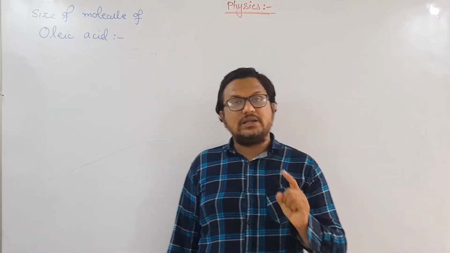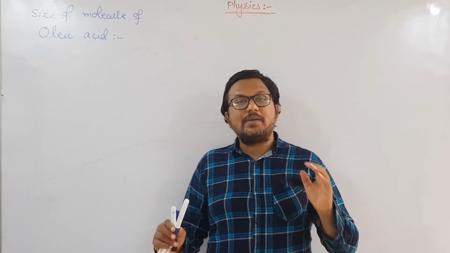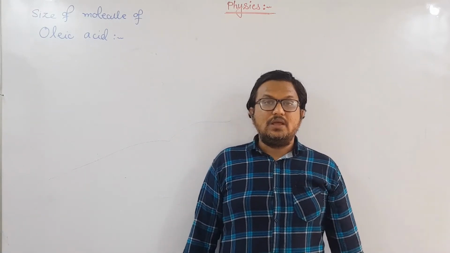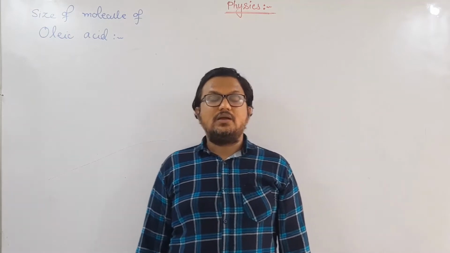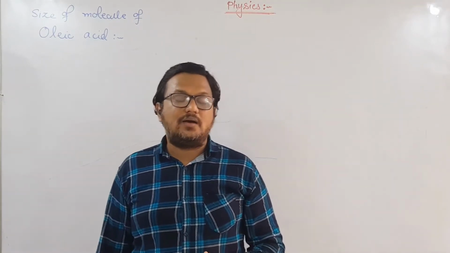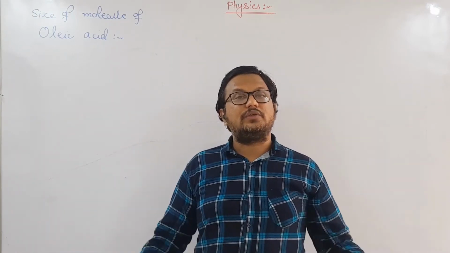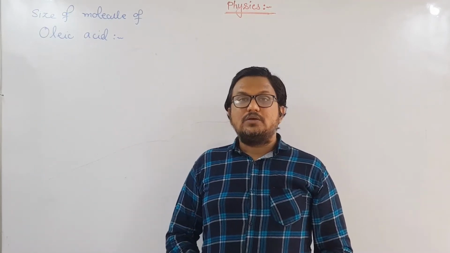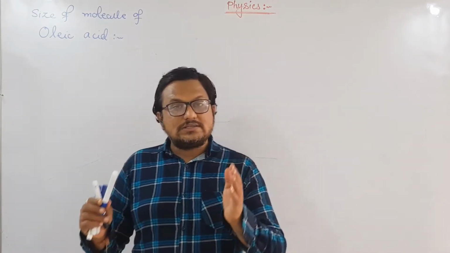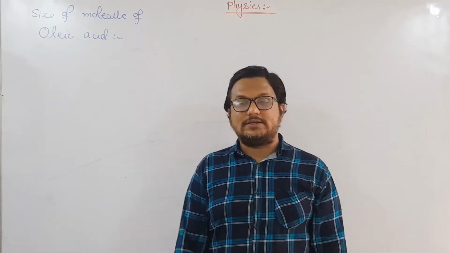Mono means single layer. Somehow we will get a single layer of oleic acid, and from that single layer we will find the thickness of the molecules, which will be equal to the diameter of the molecules. So let us start this experiment on how to find the size of molecules of oleic acid.